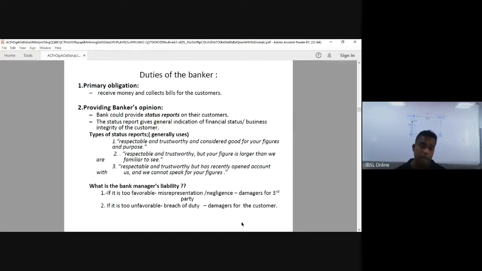What is it? A general indication of financial status or business integrity of the customer. So under the banker's opinion, there's no way that you can divulge account details. Those things you can't provide.